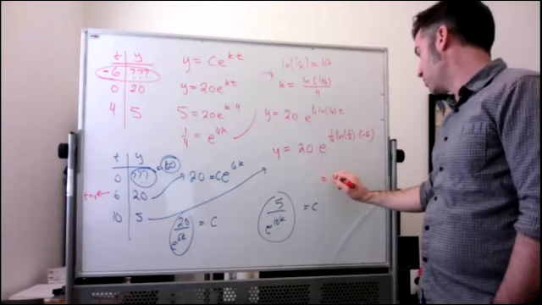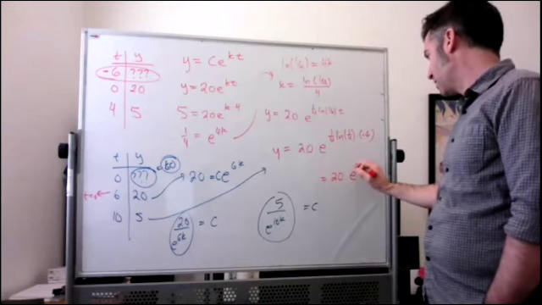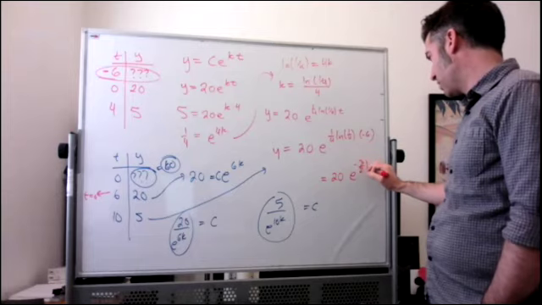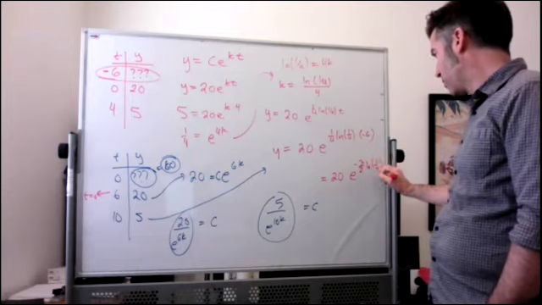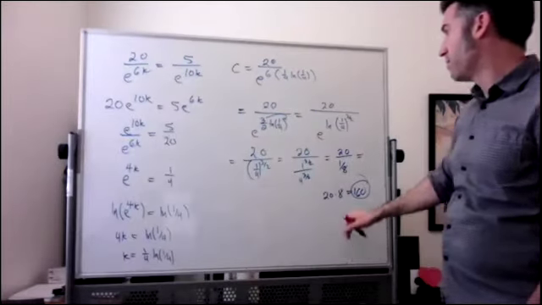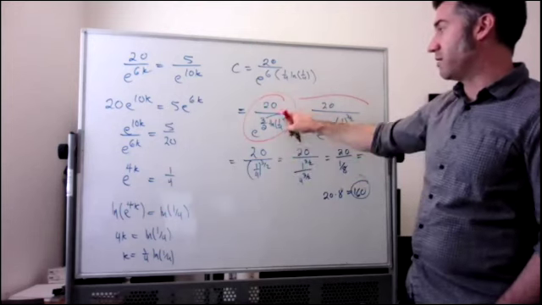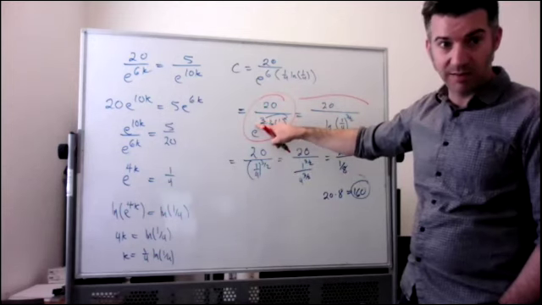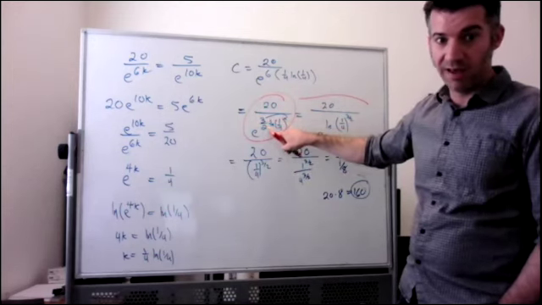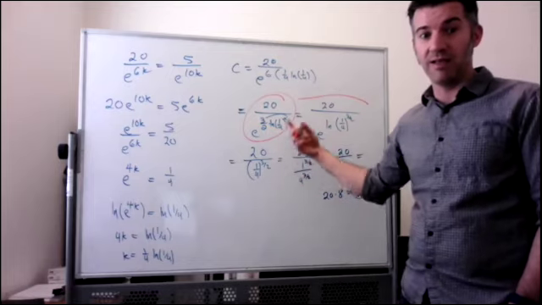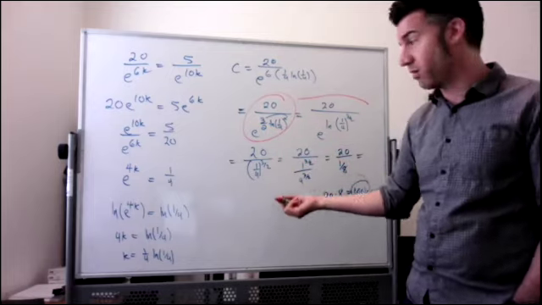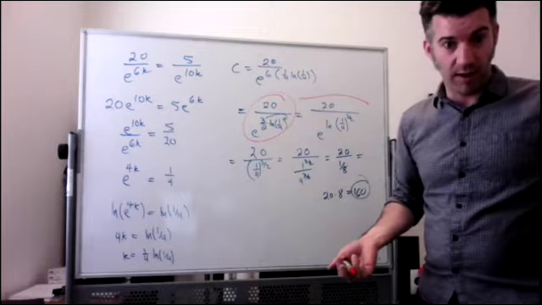So this is equal to 20 e to the -3 halves times natural log of 1/4. Well, look, that's exactly the same as this. 20 divided by e to the +3 halves times natural log of 1/4 is the same as 20 times e to the -3 halves times natural log of 1/4.